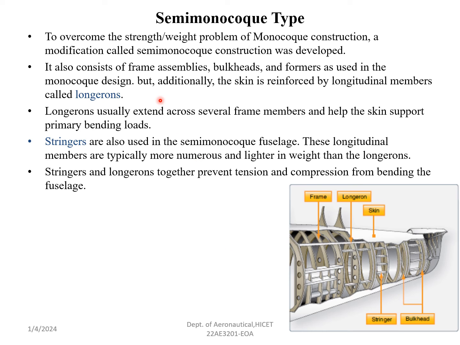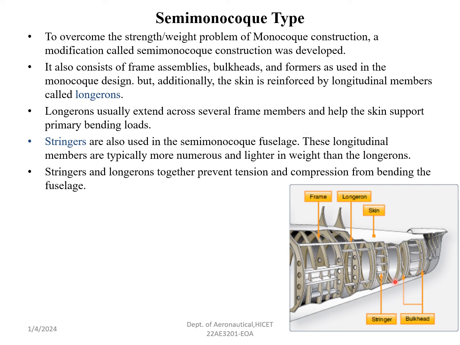Semi-monocoque construction contains frame assemblies, bulkheads and formers as used in the monocoque design, but additionally, the skin is reinforced by longitudinal members called longerons, as I said. Longerons usually extend across several frame members and help the skin support primary bending loads.